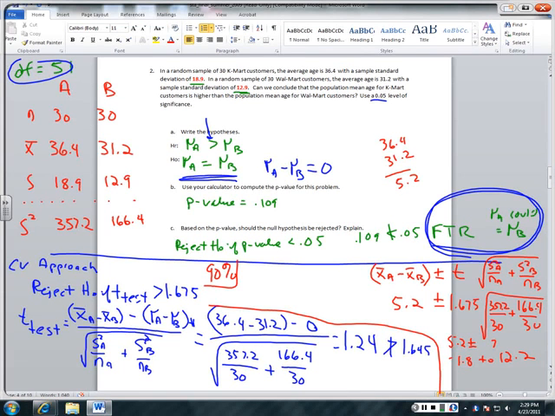And now one more check here, I'm going to do STAT TESTS, 2-SampTInt. All the numbers should be in there. Make sure it says 90. And I get about minus 1.8 to 12.2. I get minus 1.798 to 12.198, which I did do a little bit of rounding right here.